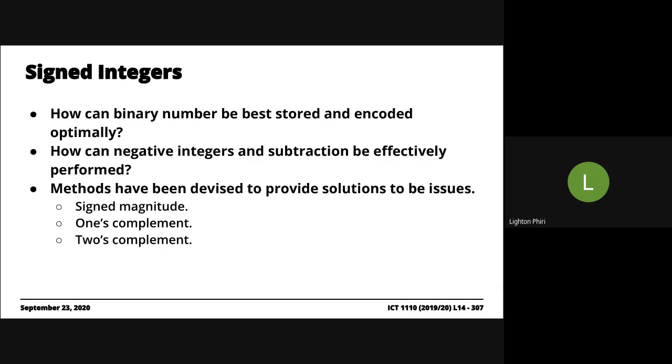And even more importantly, how then do we perform operations we've been performing so far, like subtraction, if we're working with a negative number? It turns out that smart people have come up with different methods of doing this. And traditionally, the most common methods discussed in literature are so-called sign magnitude, 1's complement, and 2's complement. So our conversation going forward is going to be centered around these different methods.